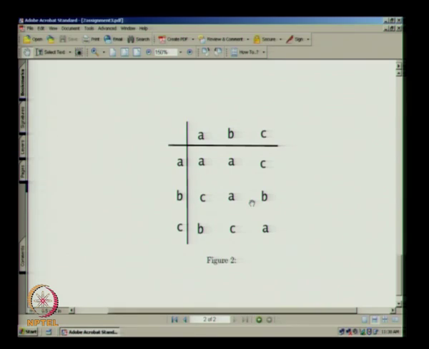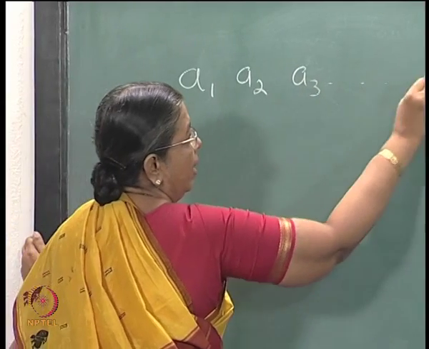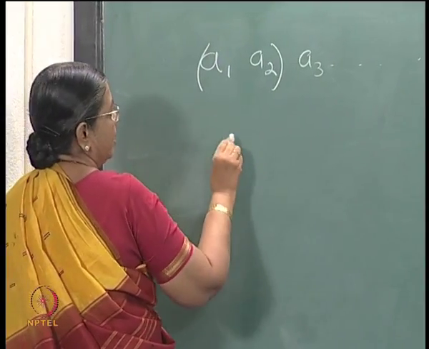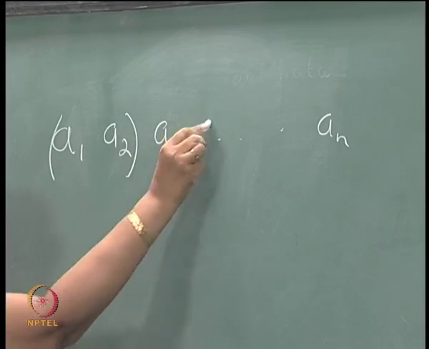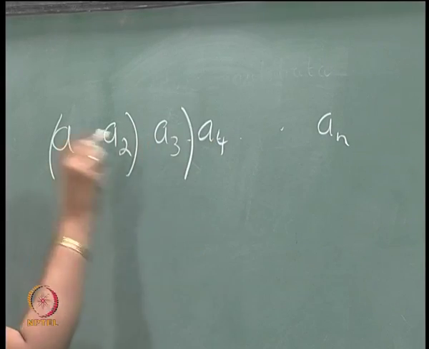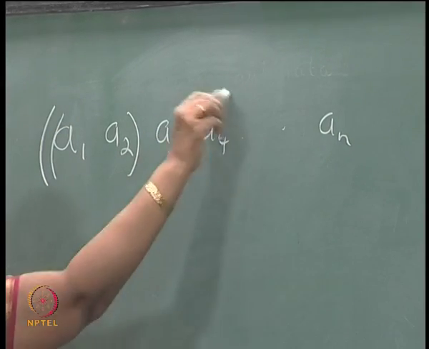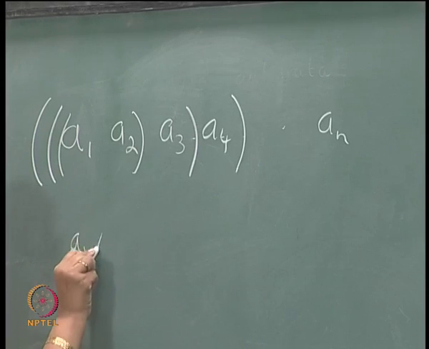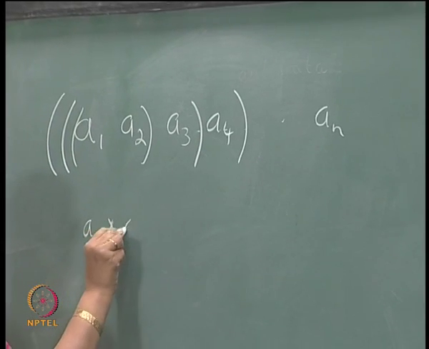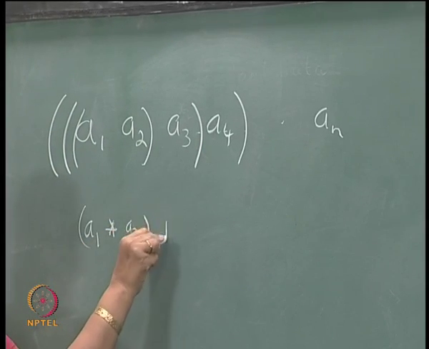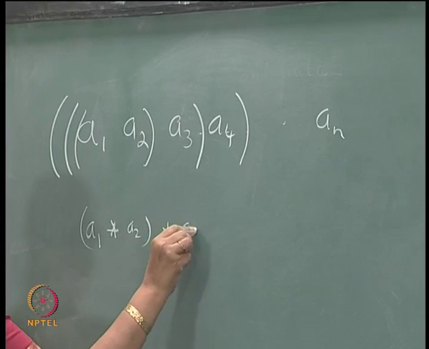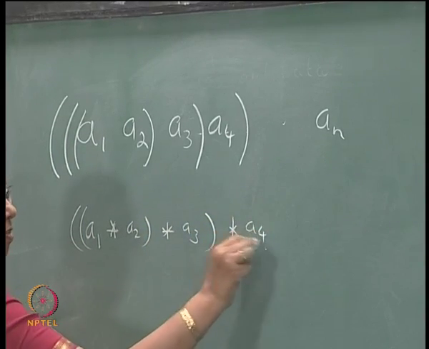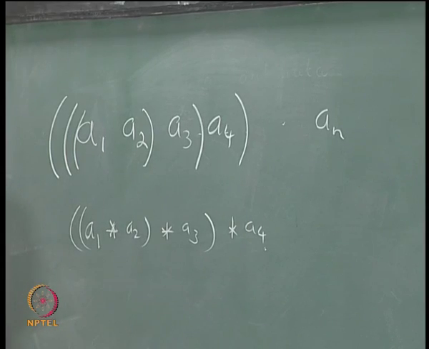Take A1, A2, A3, ..., AN. The left evaluation is: you first consider A1 star A2, then star A3, then star A4, and so on. This is the left evaluation. What will be the right evaluation?